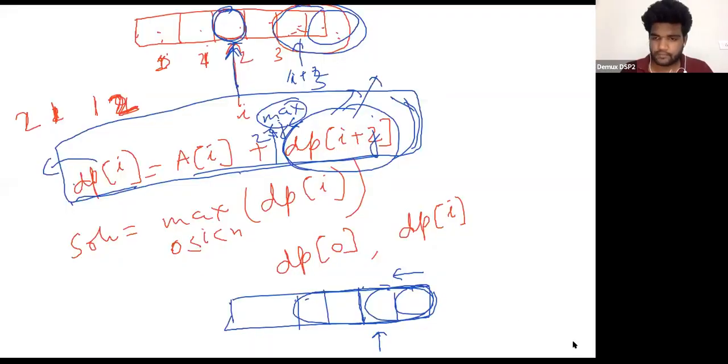So now the additional constraint that the question has, how can you do this?